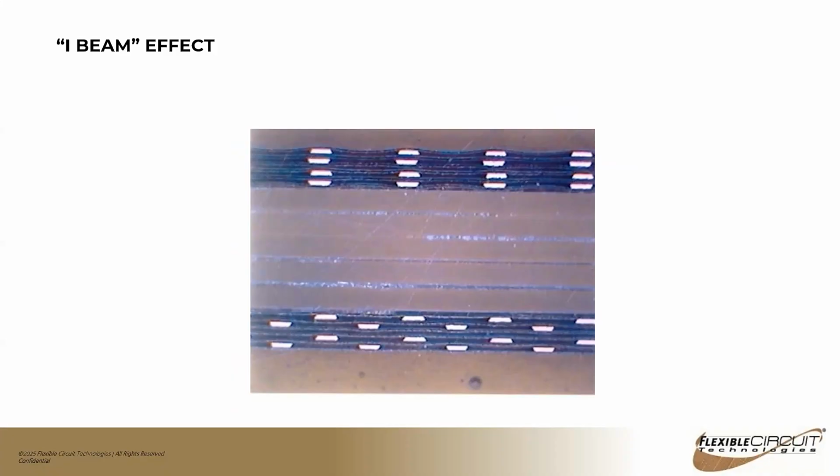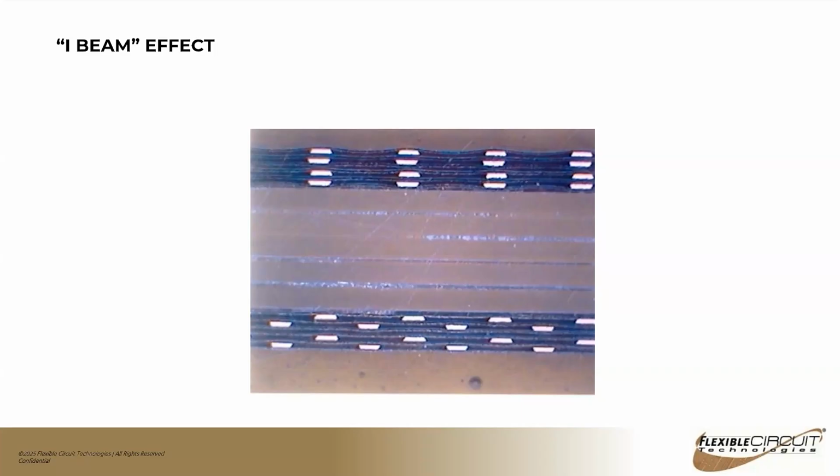So the I-beam effect. The I-beam on the top of this picture here is not a great design practice. However, with some of the designs that we're building and the line width and space, it can be challenging to avoid. However, if at all possible, trying to avoid the I-beaming will help to make your part a lot more flexible and a lot more reliable.